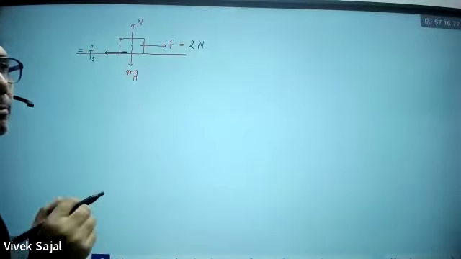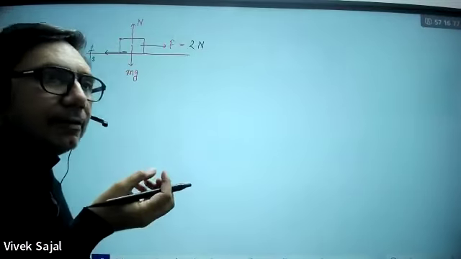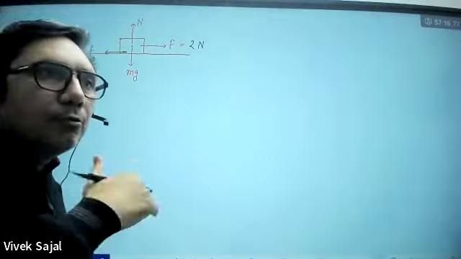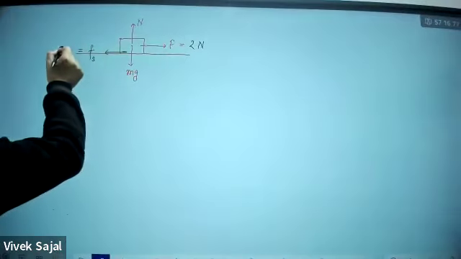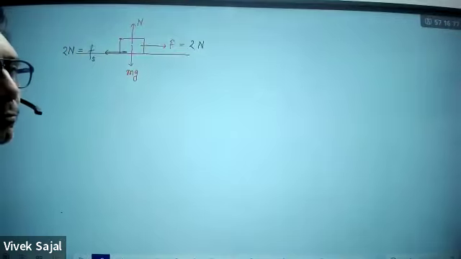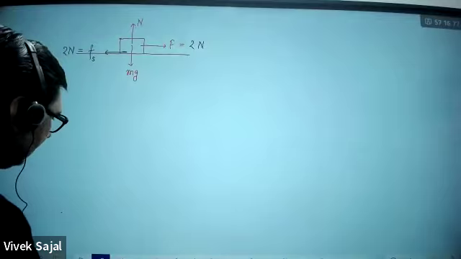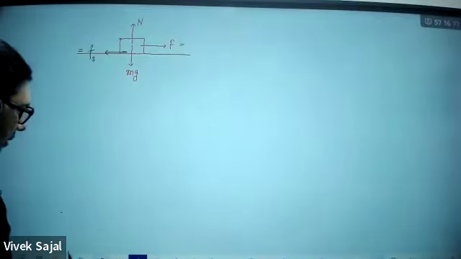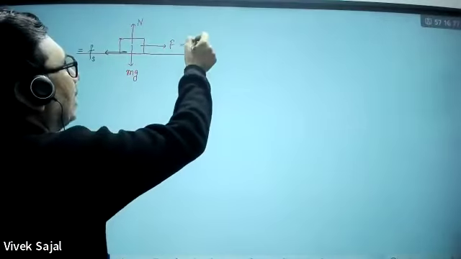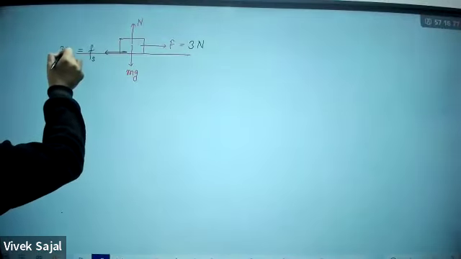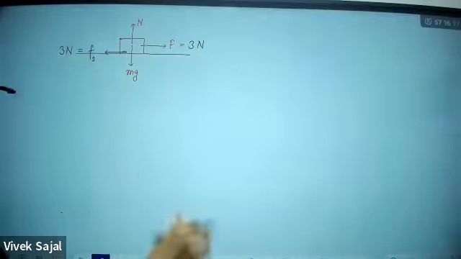The static friction force will also increase its magnitude so that no motion takes place, becoming 2 Newton. You further increase it to 3 Newton, and the static friction force also increases to 3 Newton and no relative motion takes place.